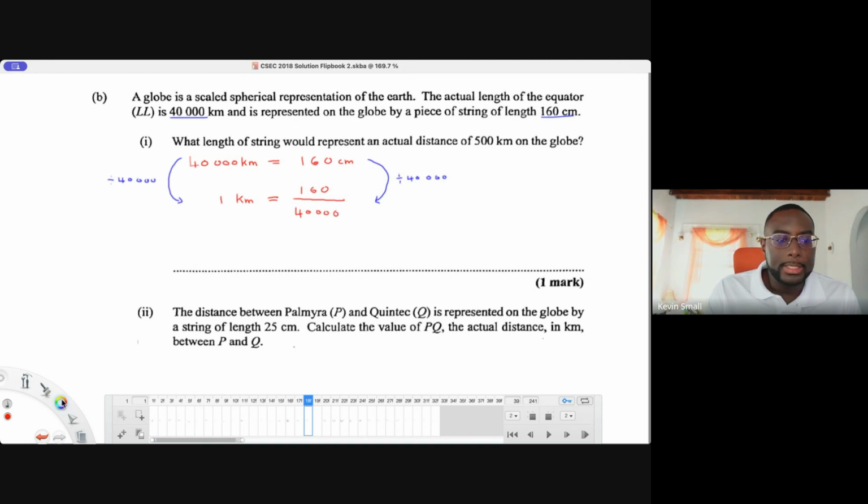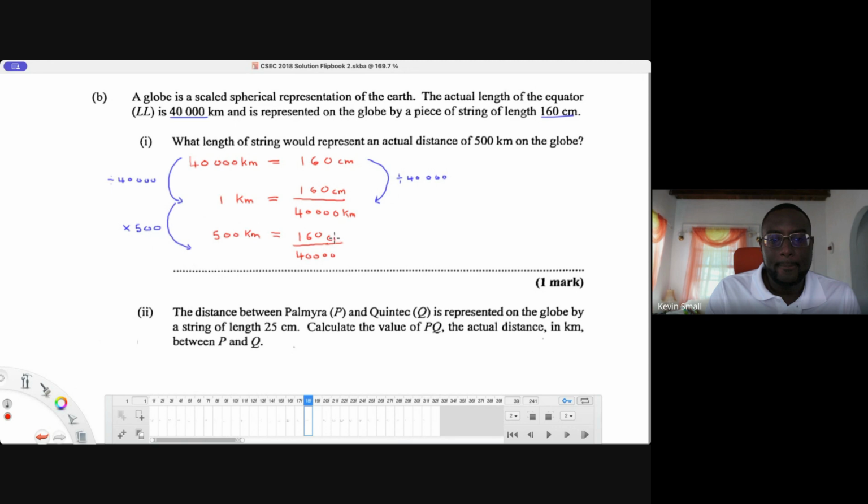Now to get 500 kilometers, I would have to multiply by 500. So 500 kilometers equals, and I will write back what I have before, 160 over 40,000.